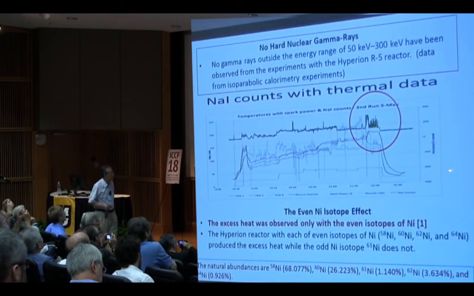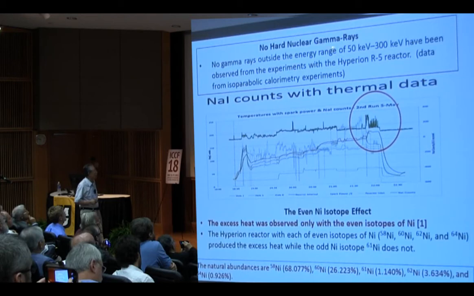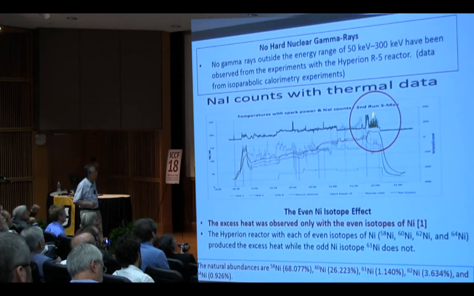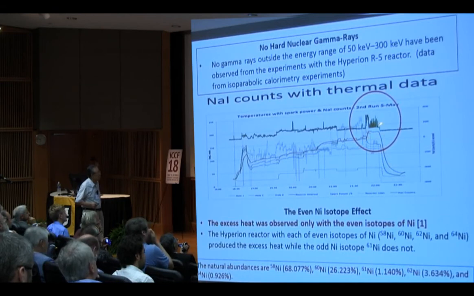Other things, I'm going to go through what they found. There are no hard nuclear gamma rays above the ceramic cavity. And some of the data they gave me, when exit happens, this gamma ray shows up.